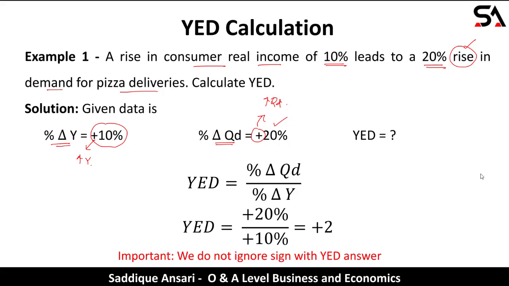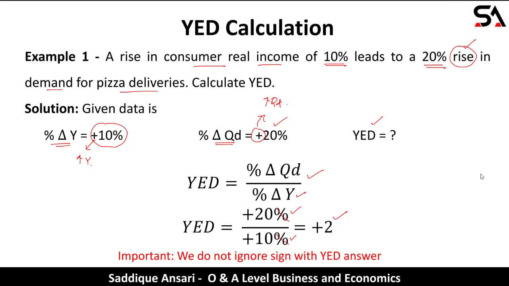We have to calculate income elasticity of demand, so let's use this formula. Percentage change in quantity demanded is positive 20%, percentage change in income is positive 10%, and this percent will be cancelled with this, and the answer will be positive 2.